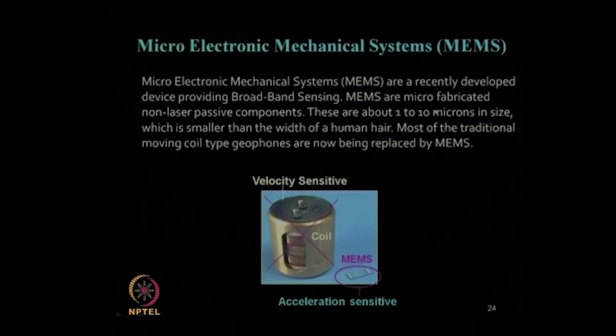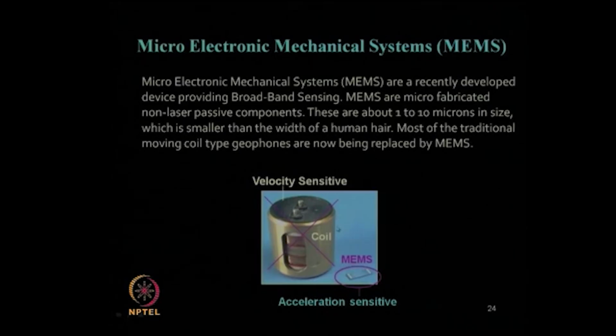So, MEMS are micro fabricated non-laser passive components, and these are about 1 to 10 microns in size. So, very small, you can see these look like a small chip which we use for our, say, mobile or other electronic gadgets and devices.